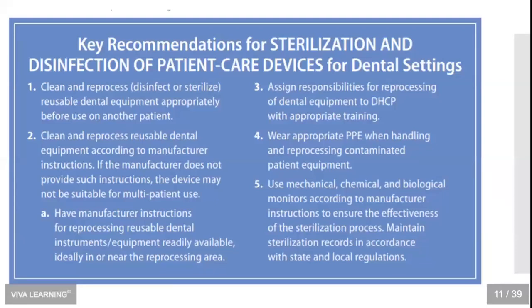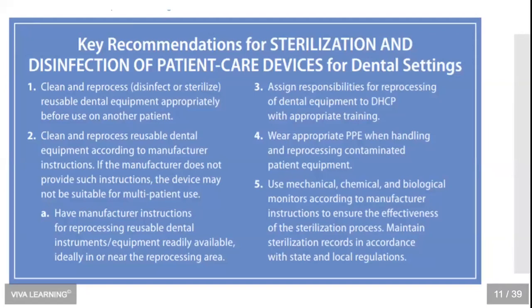The third, assign responsibilities for reprocessing dental equipment to personnel with appropriate training. In other words, if you had somebody who was primarily at the front desk and all of a sudden you needed help with instrument processing, is that person trained to use this equipment? Does he or she know what they are doing?